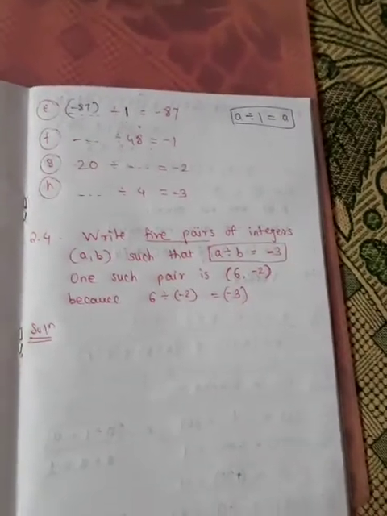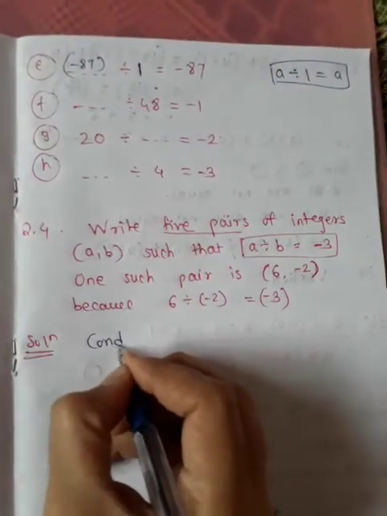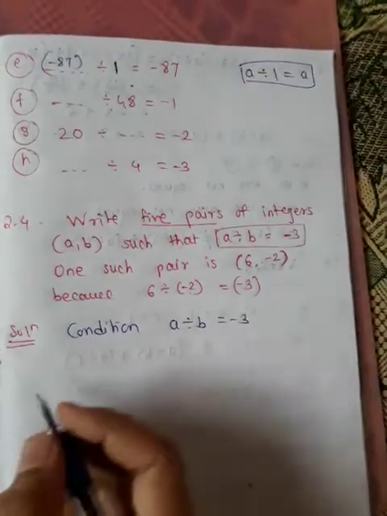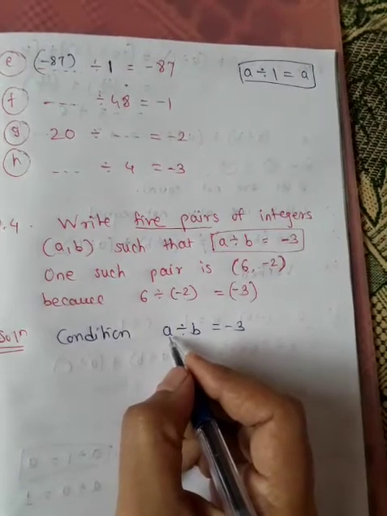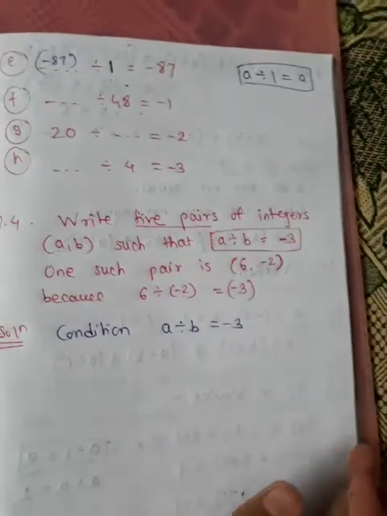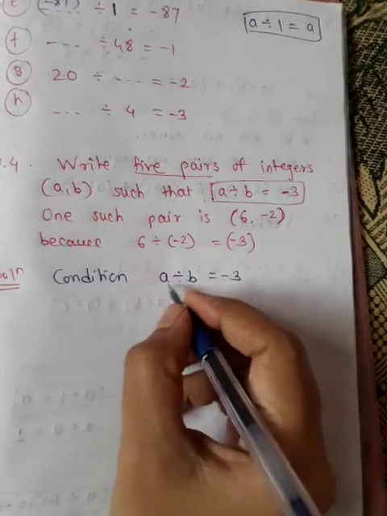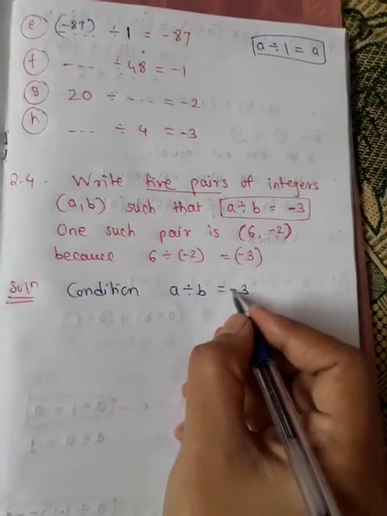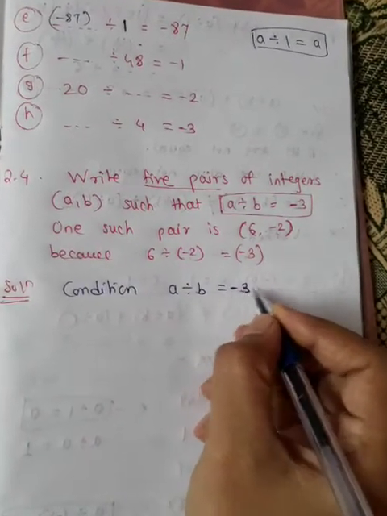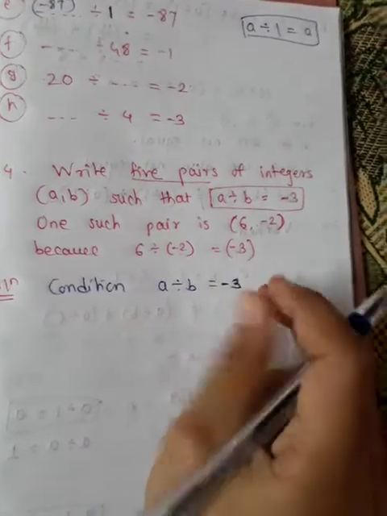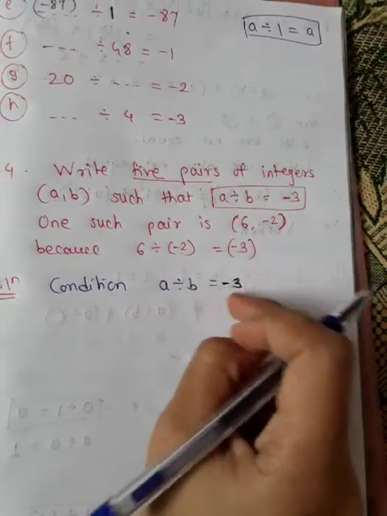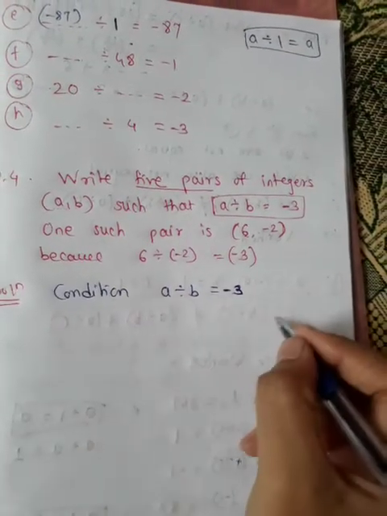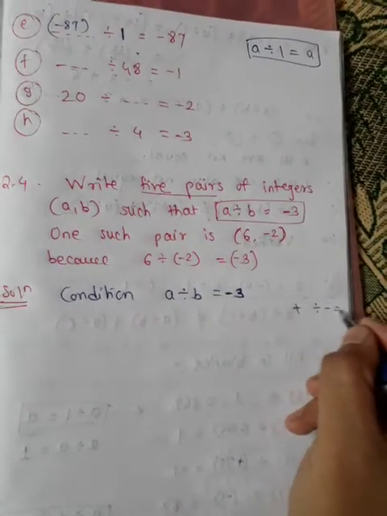Here the condition is that A divided by B gives minus 3. So we have to find such integers A and B which satisfy this condition. Here the division result is a negative integer. When we divide a positive integer by a negative, we get a negative integer.